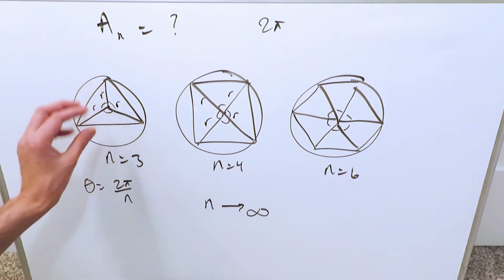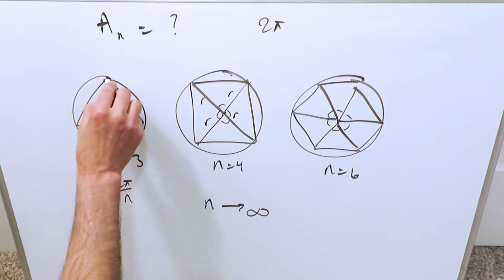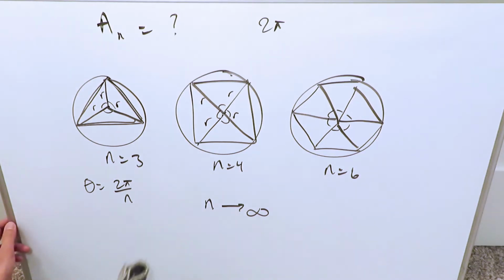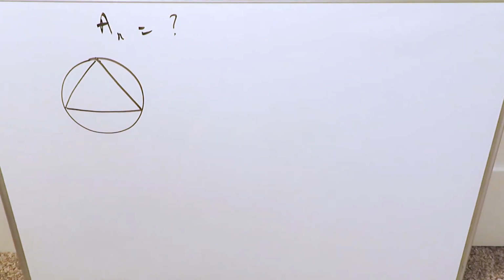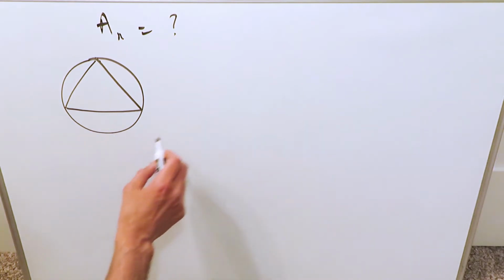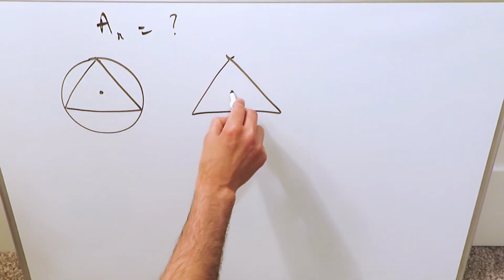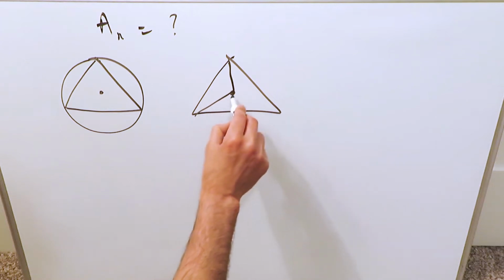But what is the overall area of these polygons? And that's what we're determining, and we can do it very easily using a general representation. Our representation will depend on this one right here, using a triangle, but it's just as good if I'd used any other polygon. When you're looking at this triangle, you can pluck it out and it looks something like this. You know there's a center of the circle, it represents here, and then you're generating these radii.